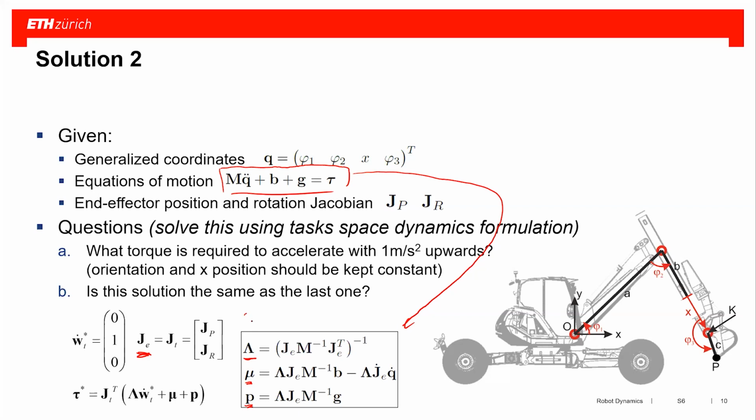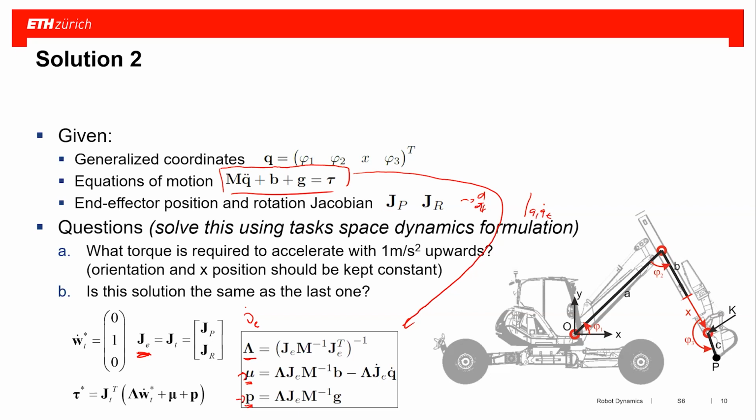You also need your J E dot. If I have J E, I can do d/dt, the time derivative, and evaluate it at q and q dot at time t. And then I get my J dot E. And with this, I can get my mu and my p.